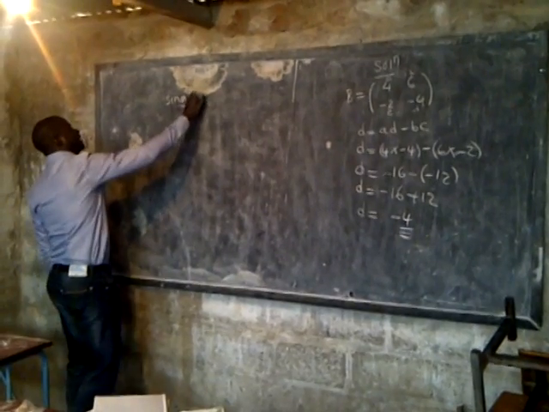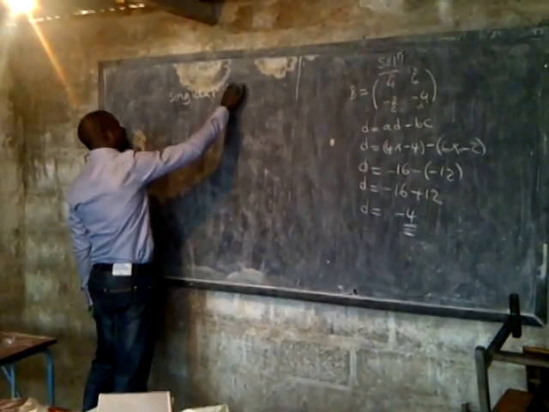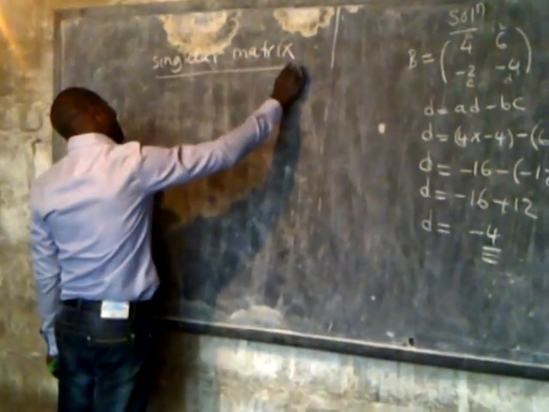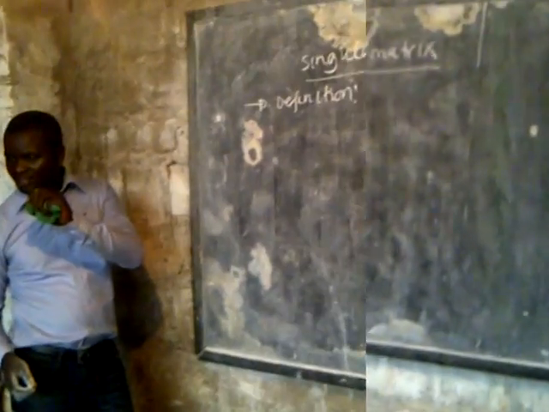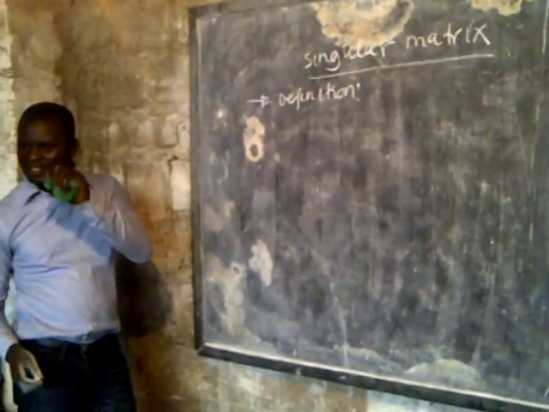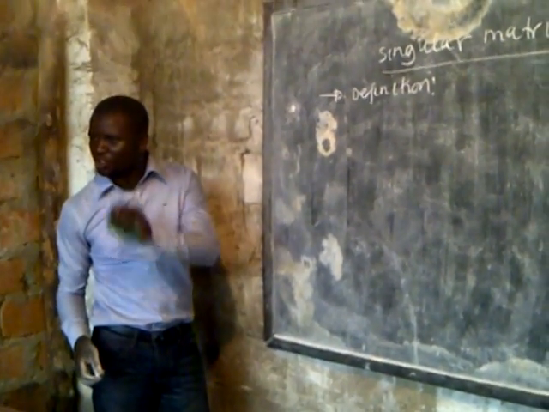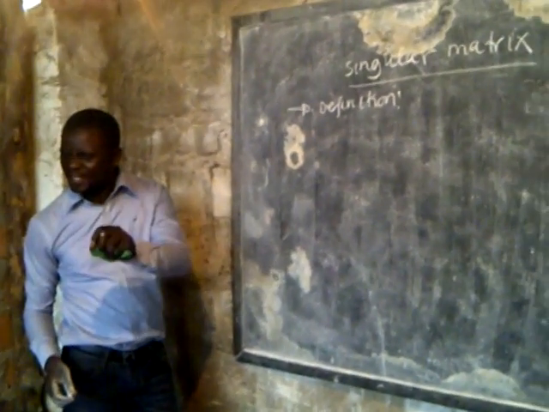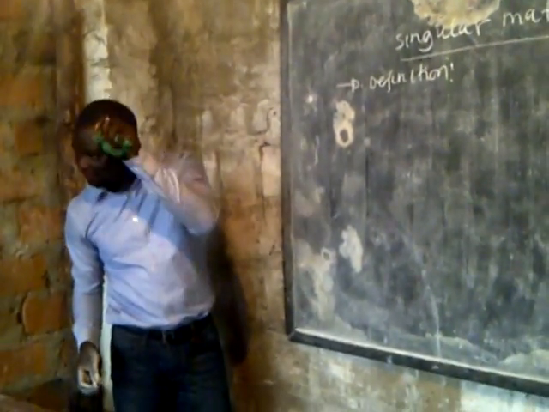Still dealing with determinant. Under the same heading of determinant, you can write down singular matrix. Definition: a singular matrix is a matrix which gives you a determinant of 0. So whenever you calculate your determinant to be 0, then that matrix is a singular matrix.